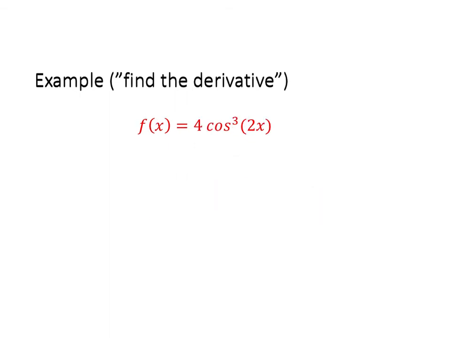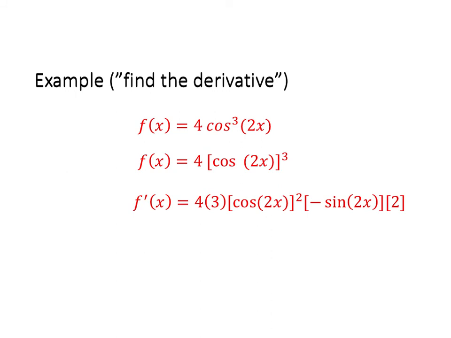So let's look at a more complicated one. Here we've got f of x is equal to 4 cosine cubed 2x. All right, first thing I want to do is rewrite that. So using brackets, I've got 4 bracket cosine 2x bracket to the 3rd power. Again, I'm going to use the chain rule and figure this out.